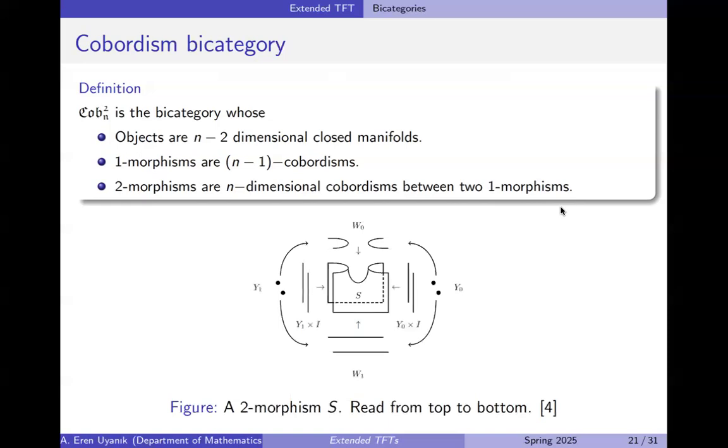It is very complicated, so here is an example of n equals 2. This is a 2-dimensional cobordism. So you read it from right to left and top to bottom. Our objects are just points. And this object is just a disjoint union of 2 points. And we have 1-morphisms, cobordisms. So these are from 2 points to 2 points.